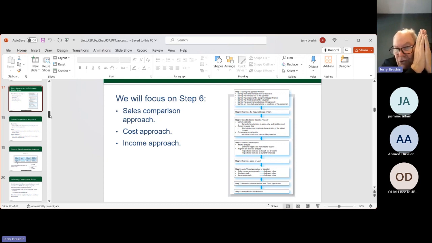The sales approach would give you the value of the land and the structure. The cost approach would add the cost of any changes to the property, any remodeling of the property. And then the income approach would be the amount of money added to the value of the property because it generates income.